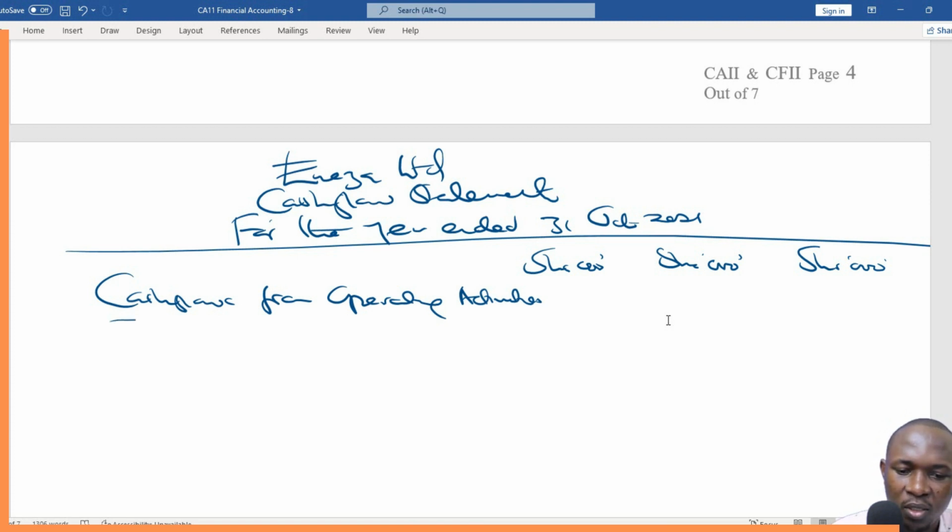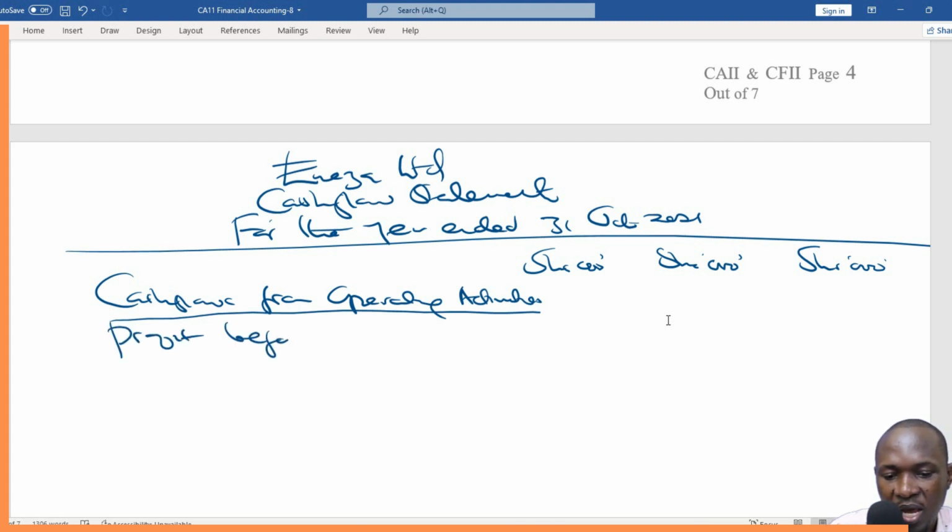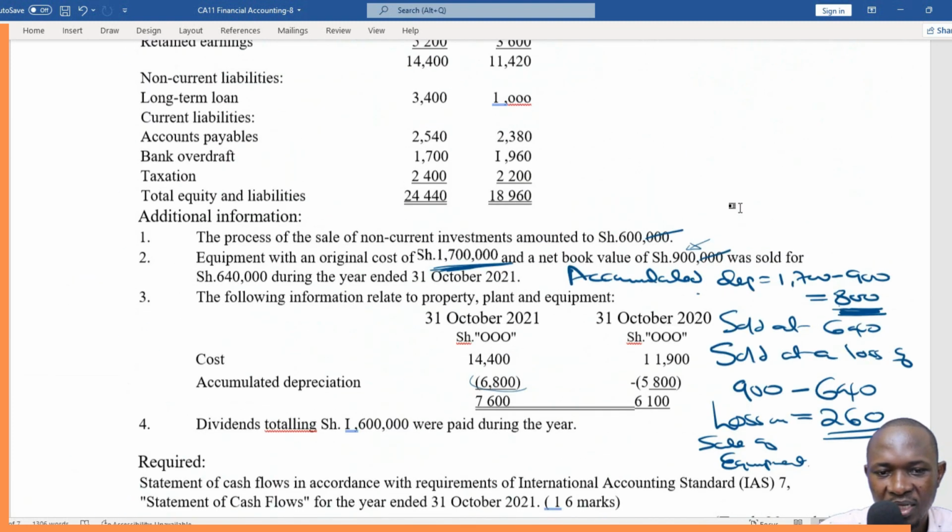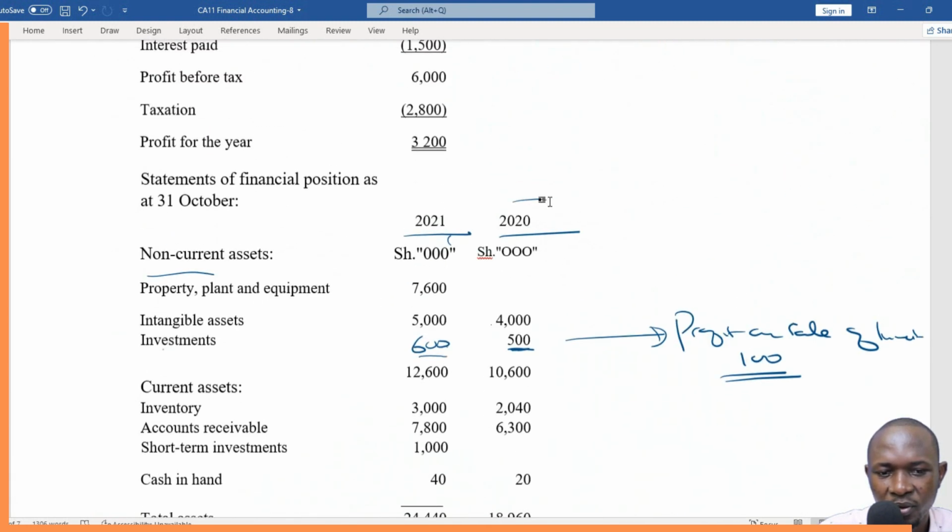So we start with the first one, cash flow from operating activities. That is the format, so you don't have to change or bring investment first. Just work with the format. Then in cash flow from operating activities, you are going to start with profit before tax. Notice, please, we are working with profit before tax. Transactions are marked here, so make sure you at least try.